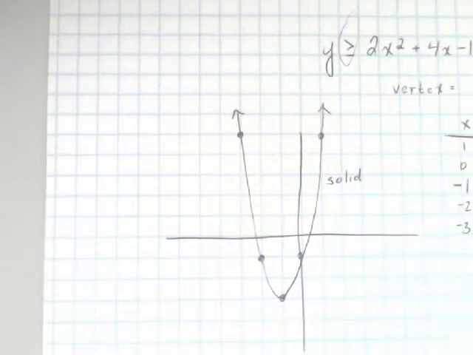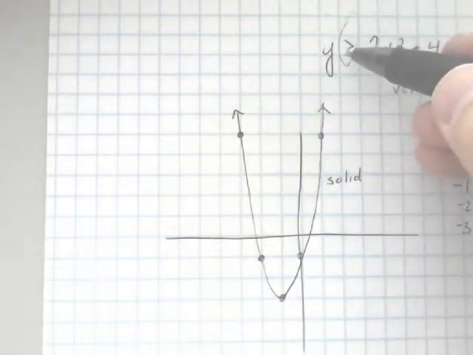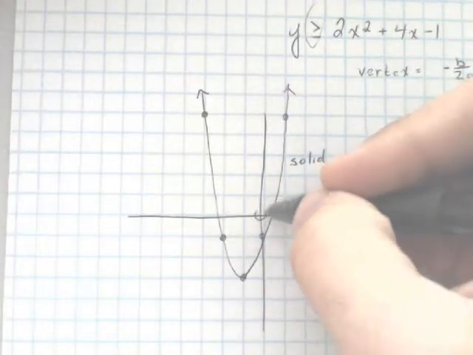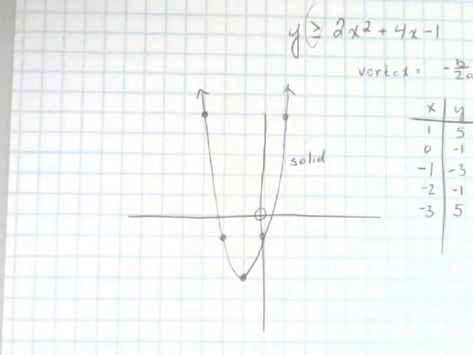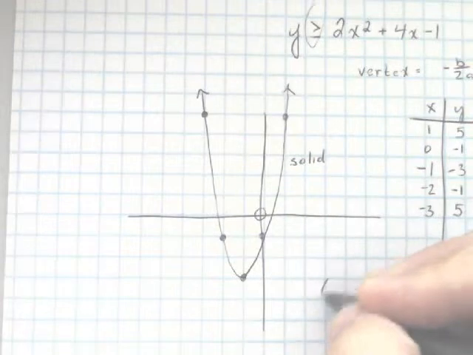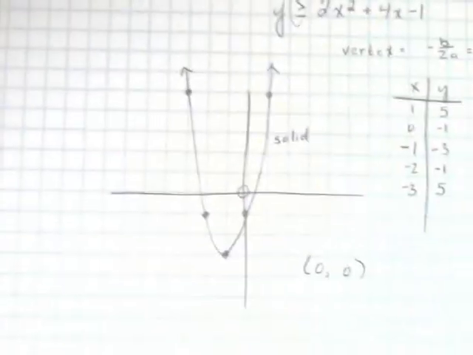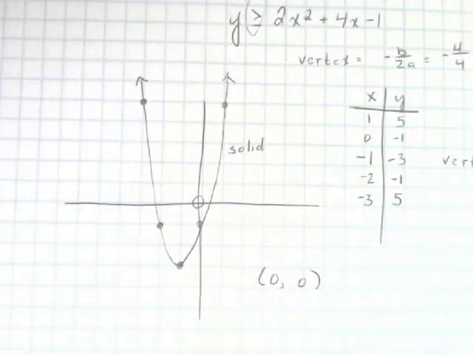Now I'm going to pick my test point to determine where to shade, because this is an inequality, right? The test point that I'm always going to pick, if I can, is 0, 0. And I can always pick it as long as it is not a part of the parabola.